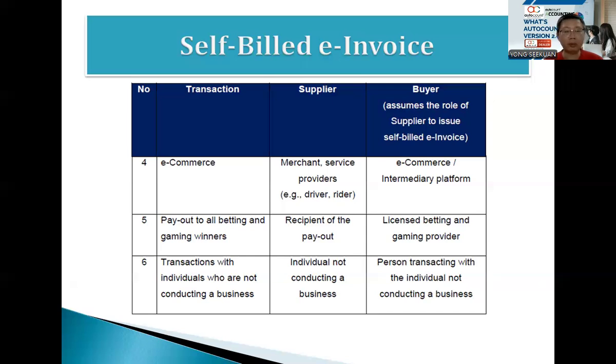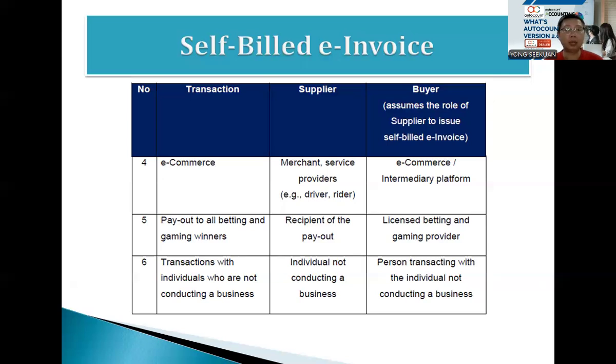They don't have a company, so they won't issue an invoice, but you pay the rent to this owner. This rental payment, you need to self-bill. That is the meaning.